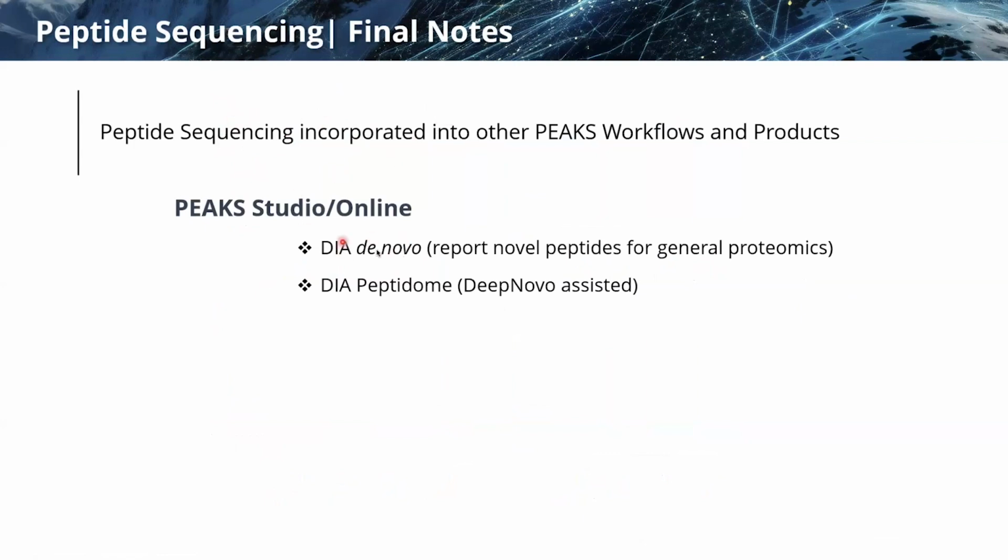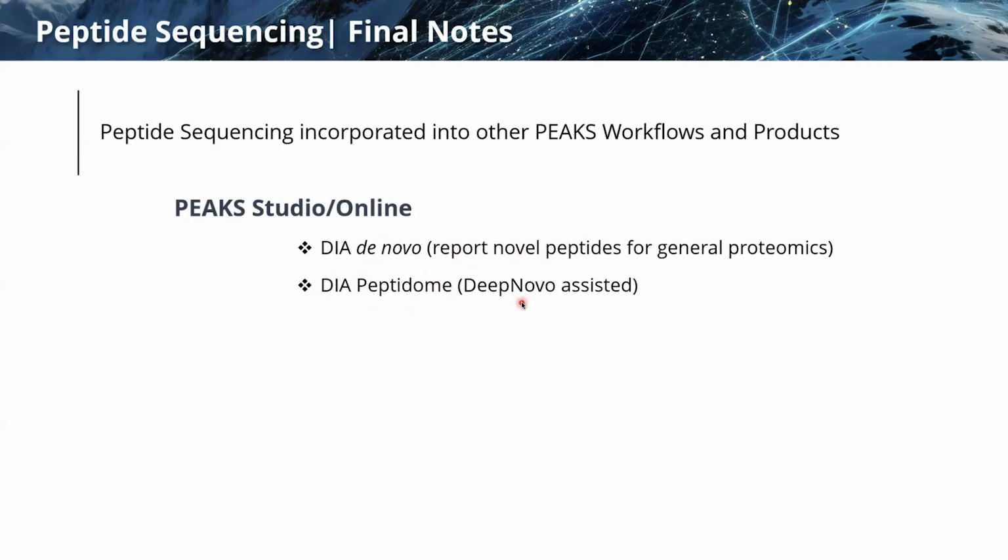So we have our DIA DeNovo for some general proteomics, where typically the DeNovo step follows the identification step, so either library or database or combined library and database searches. Then we do DeNovo sequencing on the leftover unmatched precursors here.